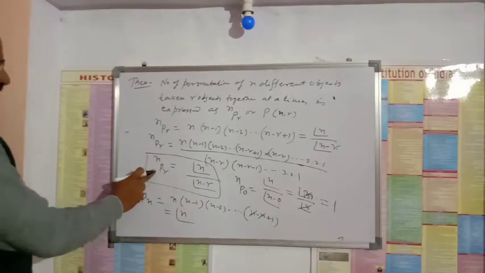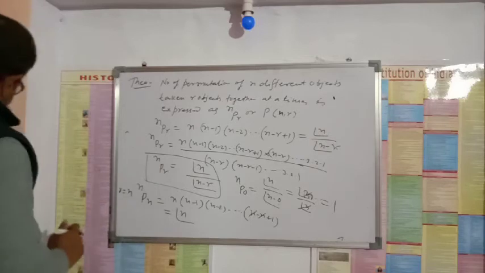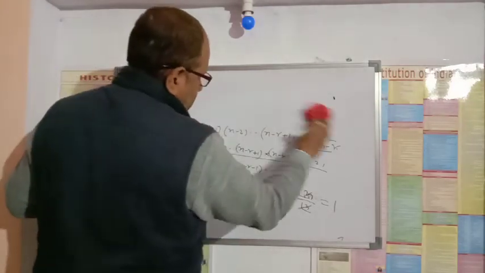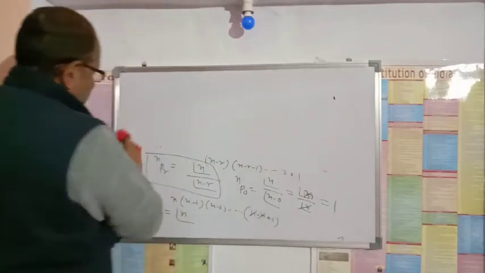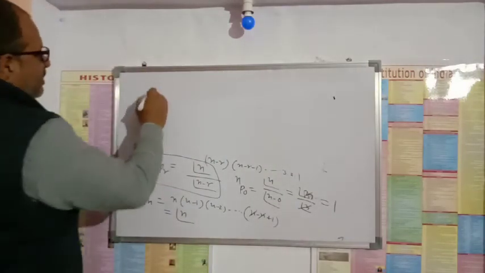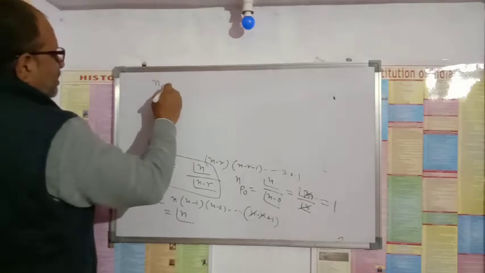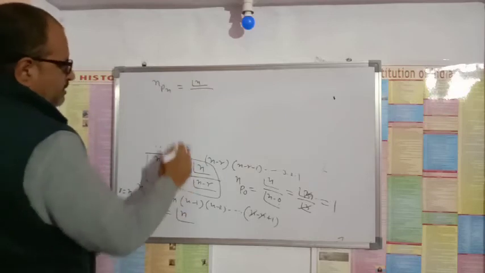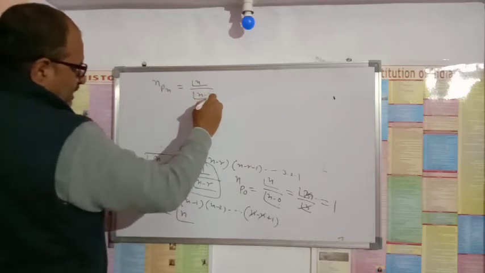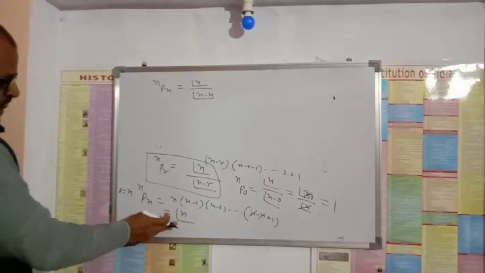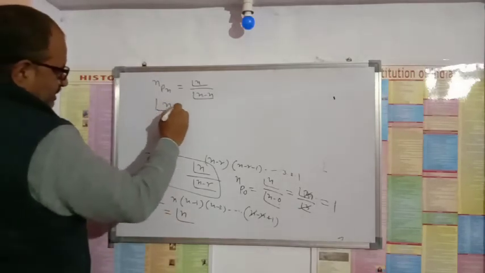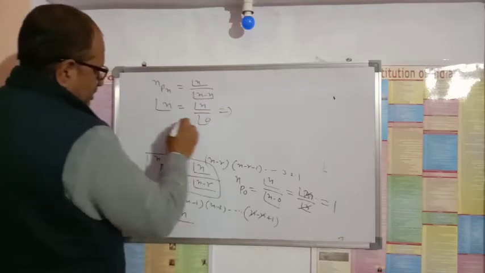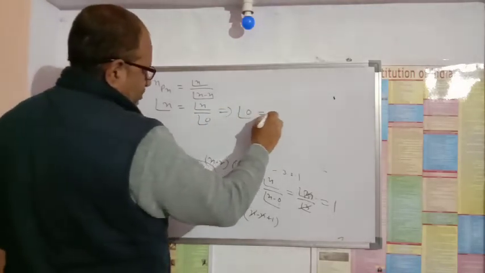And see from here, what will be nPn? nPn is factorial n upon factorial n minus n. The nPn value we have found here is factorial n, so factorial n upon factorial 0. So what will be factorial 0?